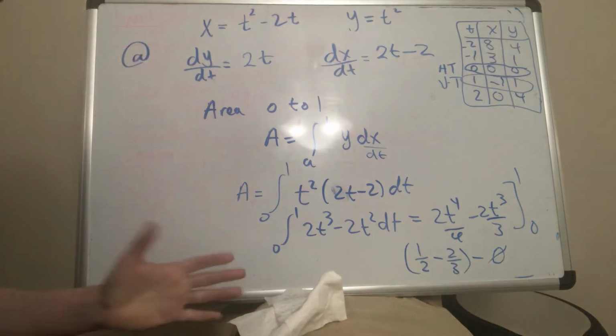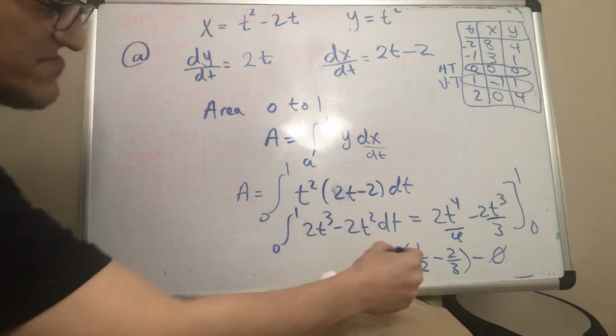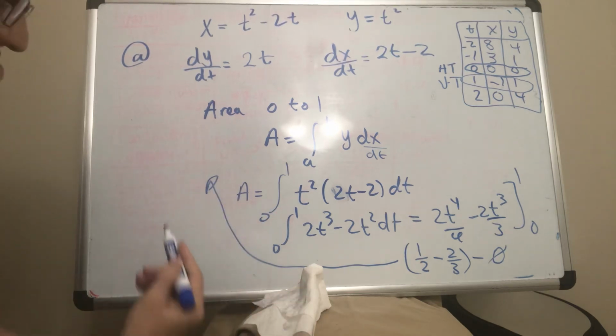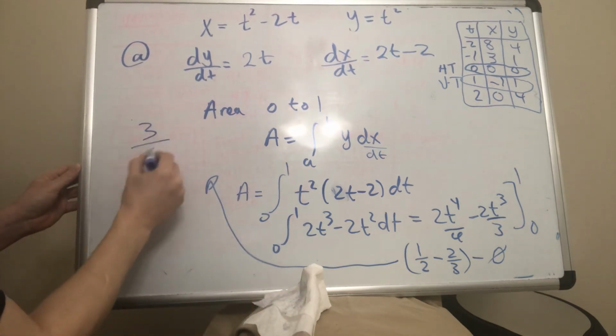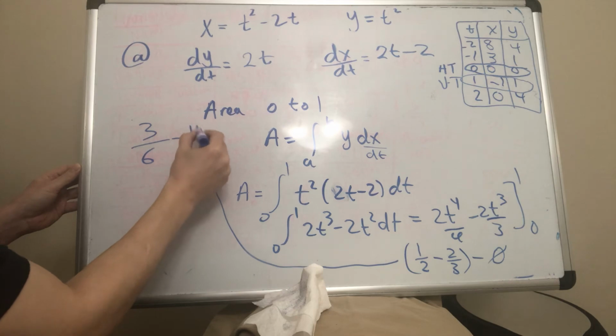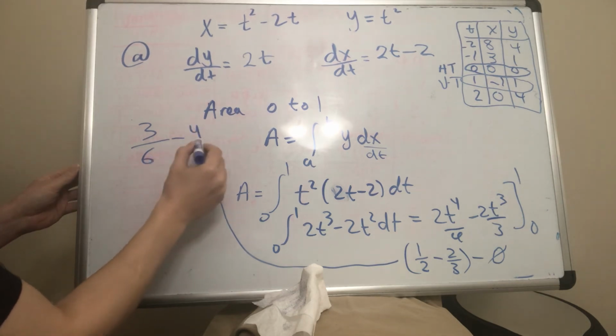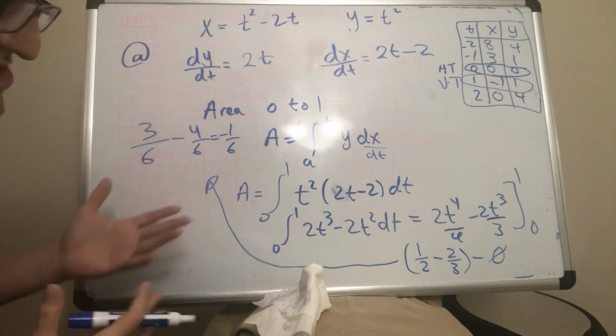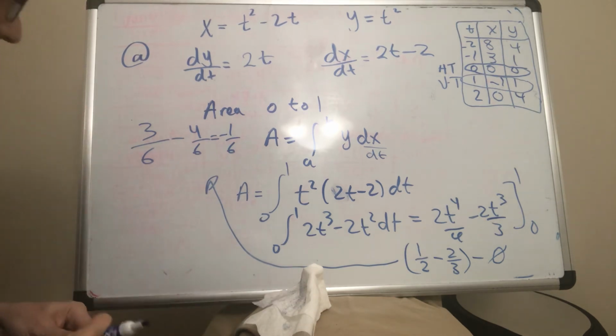So the answer is half minus 2/3. And if you want to put it as one fraction, this is like 3 over 6 minus 4 over 6, minus 1 over 6.